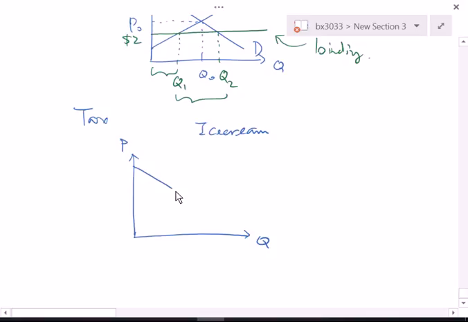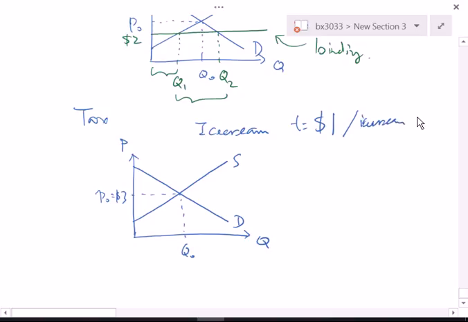Before tax, we have the demand curve, the supply curve, the equilibrium price, suppose $3 per ice cream, and the equilibrium quantity. Okay, now if the government decides to impose a $1 per ice cream tax, how can we incorporate this tax into the supply and demand diagram?